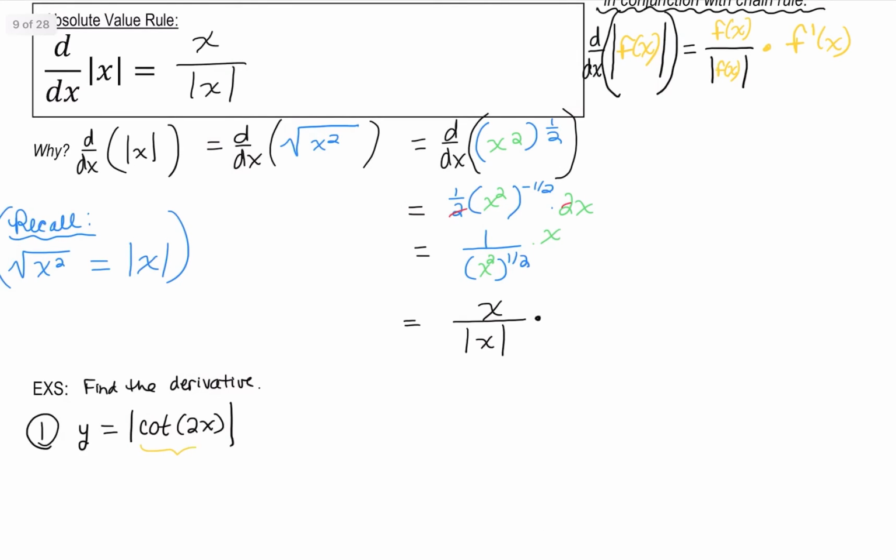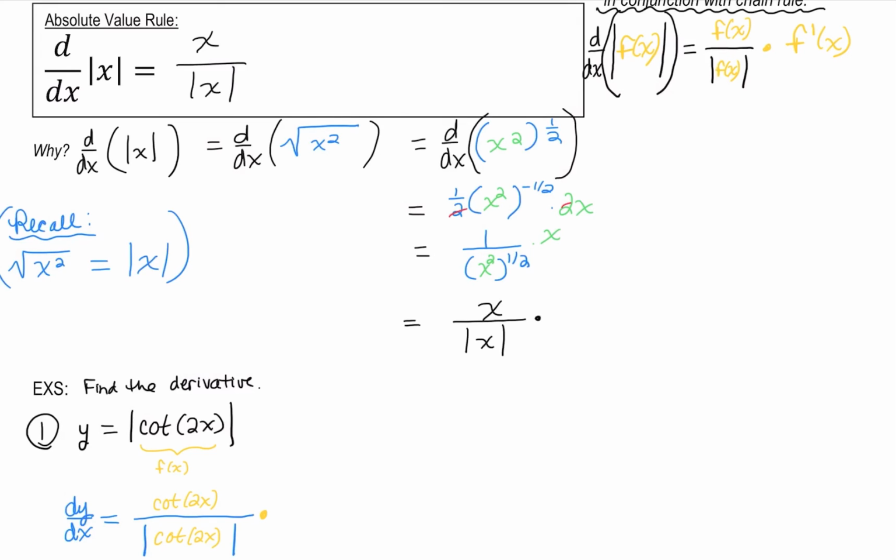So again, this is going to be the chain rule form of this. We have the absolute value of a function of x. So by our chain rule form in the upper right-hand corner, our dy dx is going to equal whatever's on the inside, that function left alone, so cotangent of 2x, divided by the absolute value of that inside function left alone. That's our derivative of the outside, and then times the derivative of the inside.